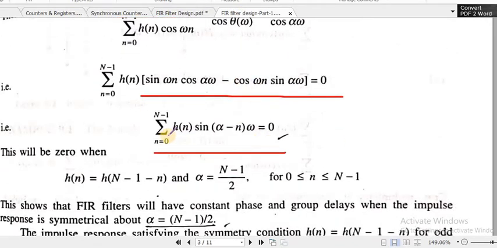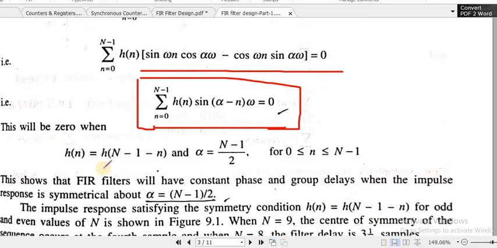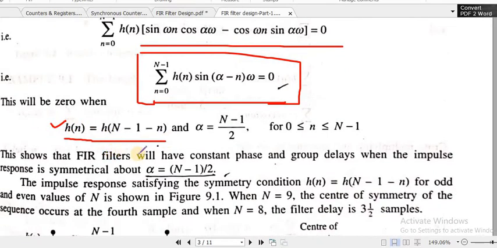Now, this is the equation. This equation is true, and this is very important, if the impulse response follows this rule. That means if the impulse response is symmetric and the center of symmetry is this.